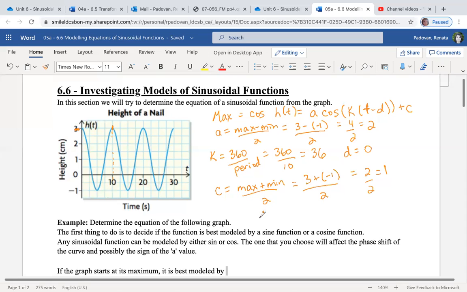So therefore, h of t is equal to my amplitude A, 2, multiplied by cos, bracket, my k value is 36, times t, because it's not an x or a theta in this case. And it would be a d value, but I don't have a d value, so I close my bracket and plus 1. So 2 cos bracket 36t bracket plus 1.